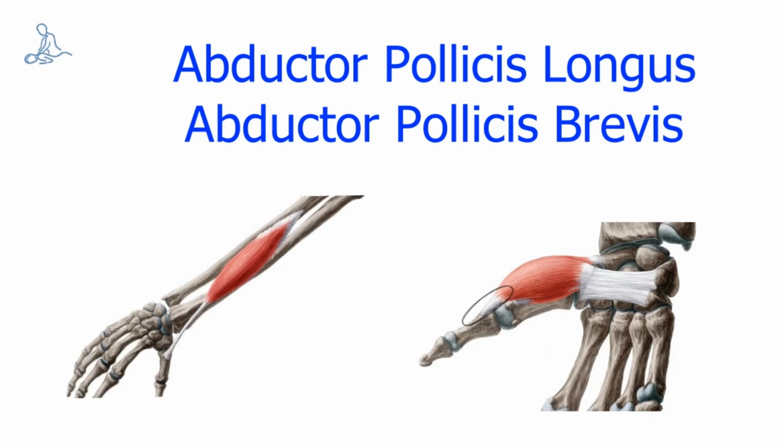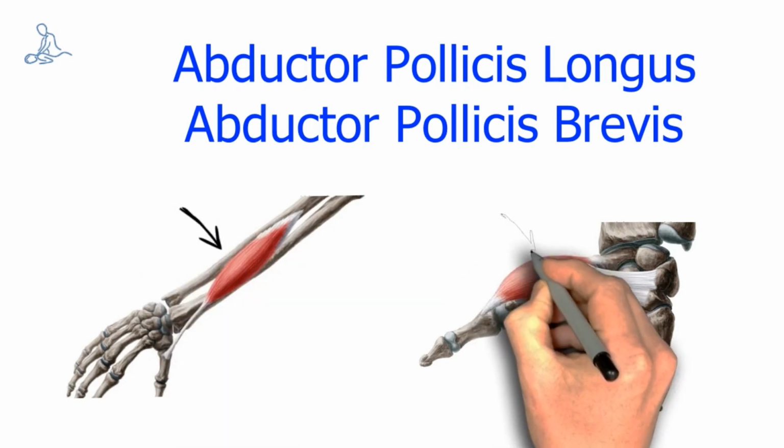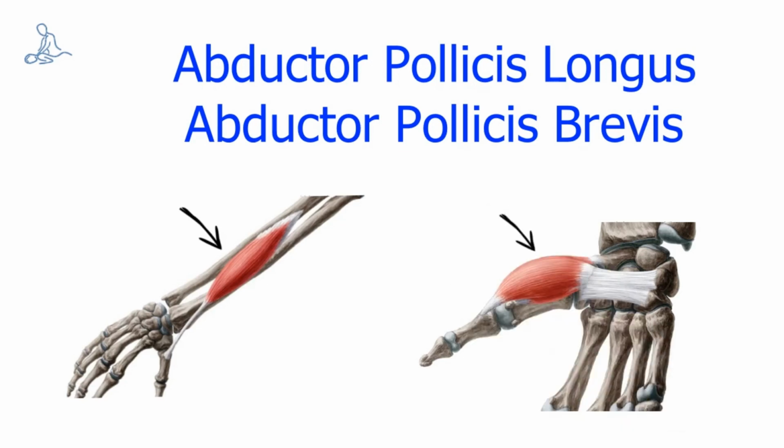The action of these muscles is to abduct the thumb. Abductor Pollicis longus. Abductor Pollicis brevis.